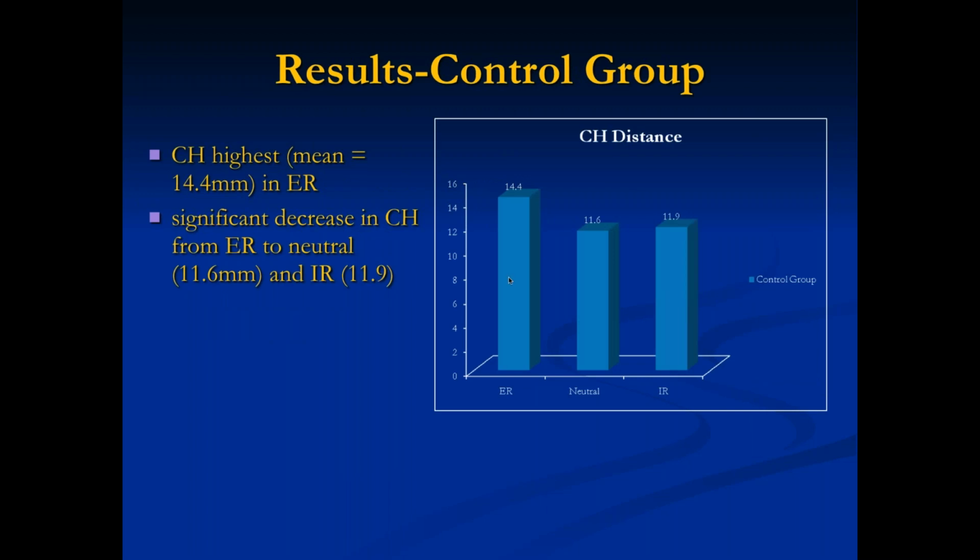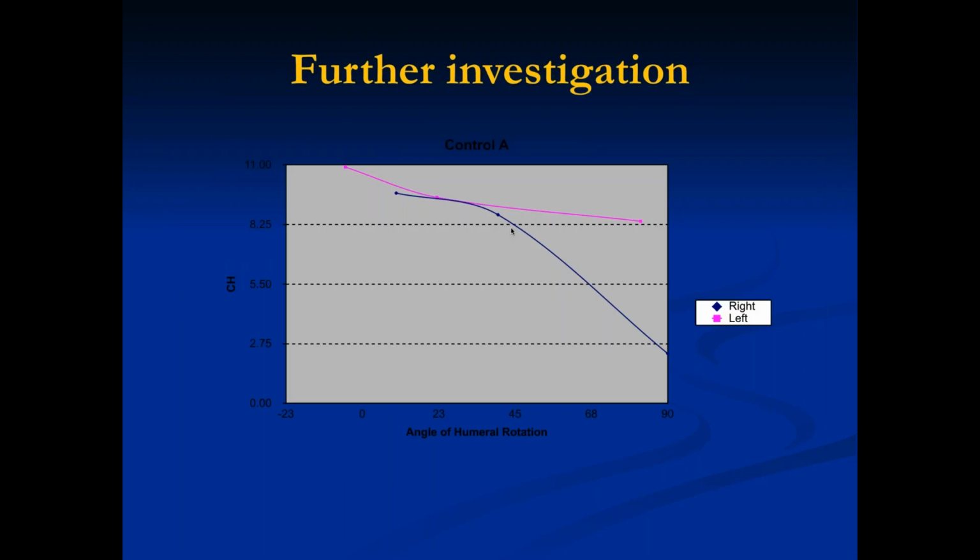And then when we placed the people in the control group in different positions, what we found is that the coracohumeral distance was narrowest in the neutral position. We thought it would be narrowest in internal rotation. They were about the same, but it was widest in external rotation. Now, this was one individual, which was me at that time, and there was a big difference between my right and left, depending upon the degree of internal-external rotation.